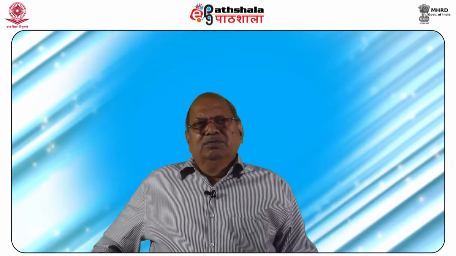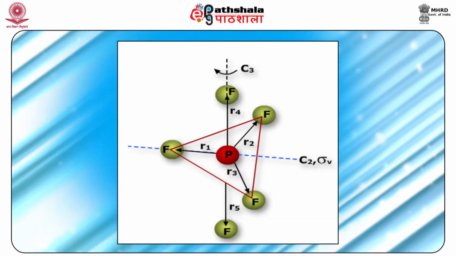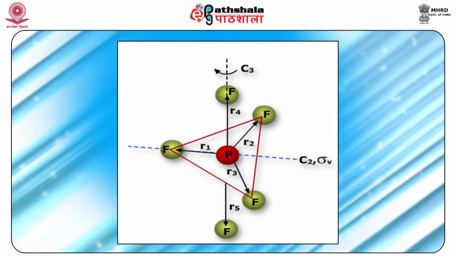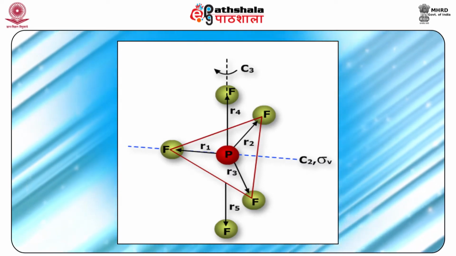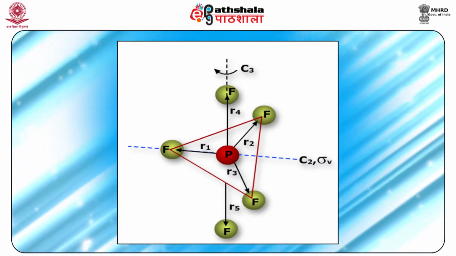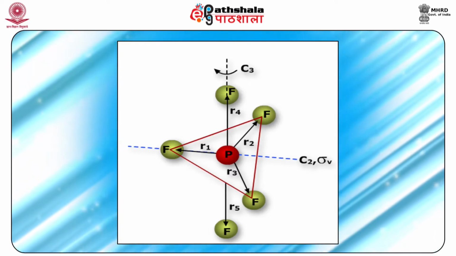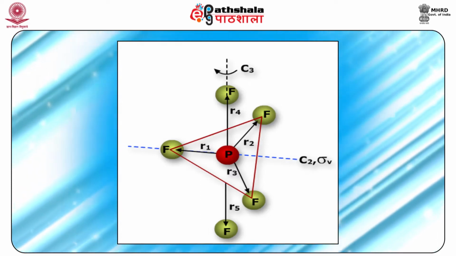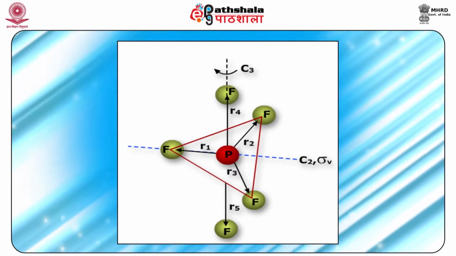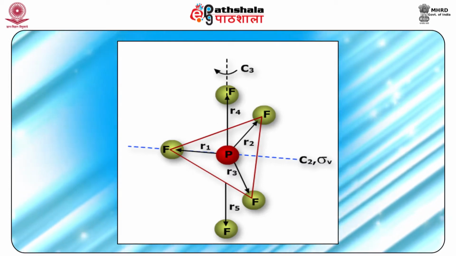Now, for sigma bonding hybridization in the PF5 molecule, let us denote the 5 PF bonds as R1, R2, R3, R4, R5 as shown over here. And we will now see the effect of various symmetry operations belonging to the point group to which the PF5 molecule belongs.